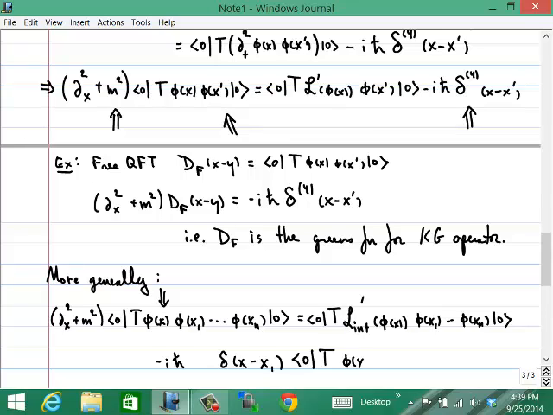So phi of x2 all the way up to phi of xn. So that's what would happen if you only considered the case where, say, x1 was close to x in terms of time ordering. So x1 happened either before or after x, but all of the other operators happened much earlier.